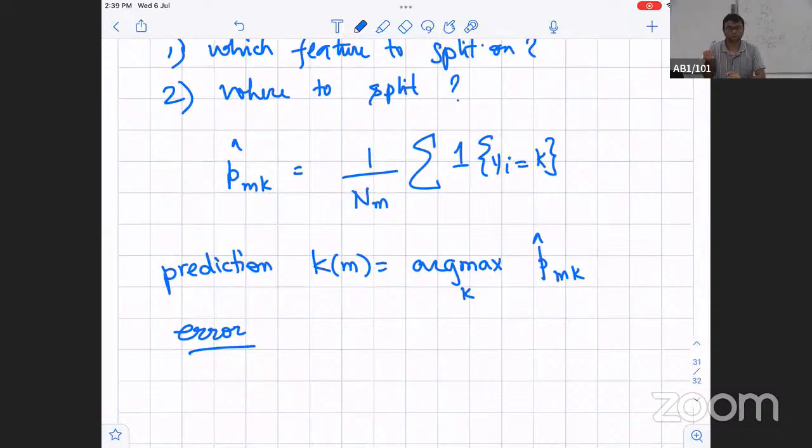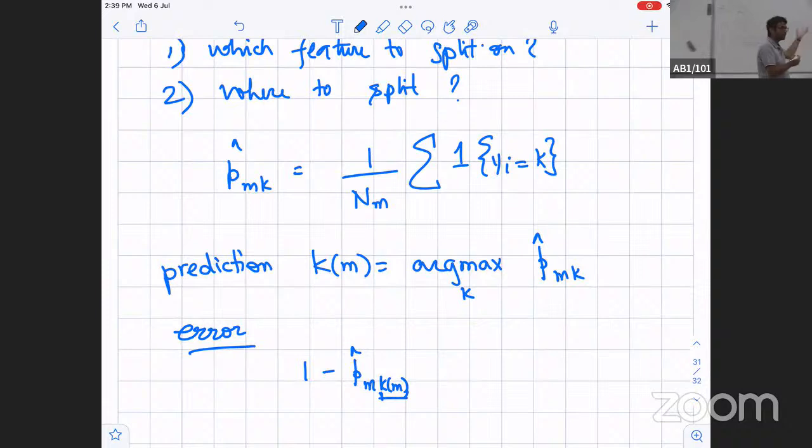Wherever you are wrong. That will be 1 minus p hat m km, where km is what you predicted. Whatever others are there will be your error. That will be your training error.